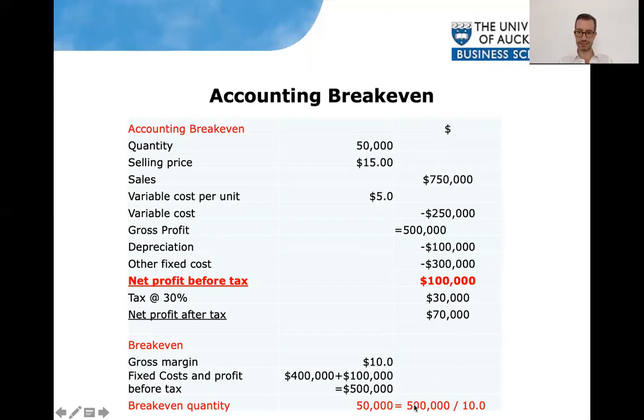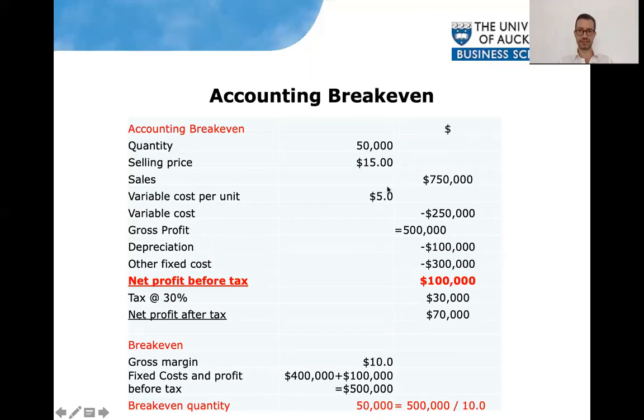So you do exactly the same thing. You do $15 selling price minus $5 variable cost per unit, so the gross profit per unit is 10. And then I do 500,000 divided by 10. I need to sell 50,000, for example, pizzas, to have a profit before tax of 100,000.